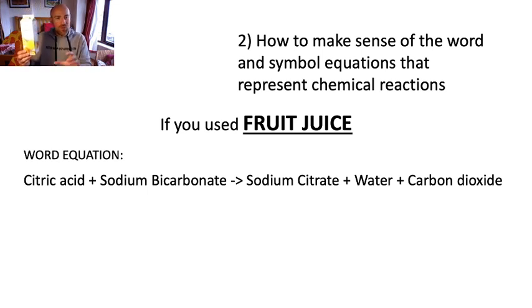So that's why citric acid is there in that word equation. In our baking powder or our indigestion tablet or our baking soda, the active ingredient is most likely sodium bicarbonate. So that's why that's there.